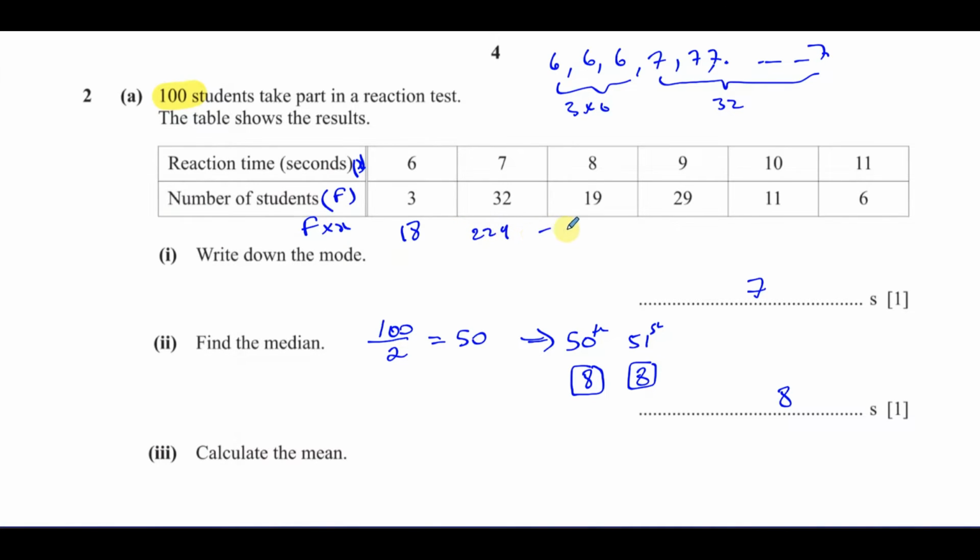We can do this in a quick way by not having to write them separately. We can just say: 6 times 3 plus 7 times 32 plus 8 times 19 plus 9 times 29 plus 10 times 11 plus 11 times 6.